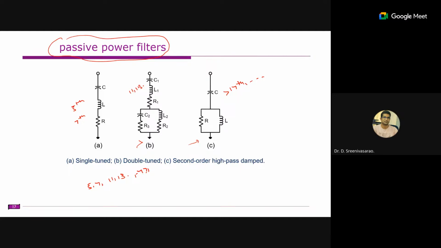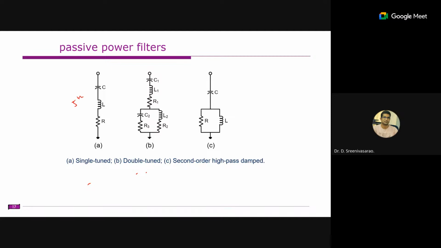And another thing is that, you know, due to aging, the capacitors will deviate from their operating values, meaning the harmonic frequencies that we tuned to will deviate. So earlier it was tuned to the fifth order harmonic, but due to aging the resonant frequency is changed.